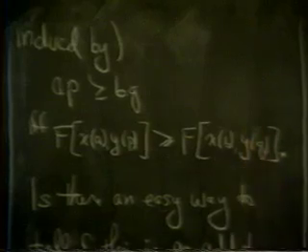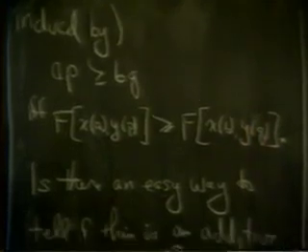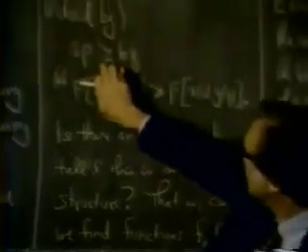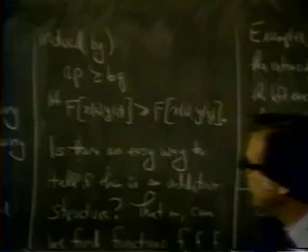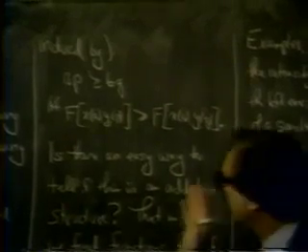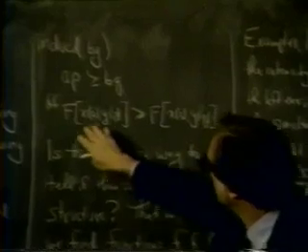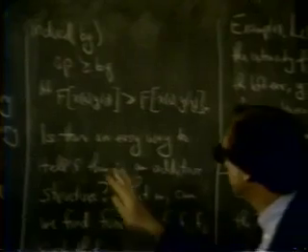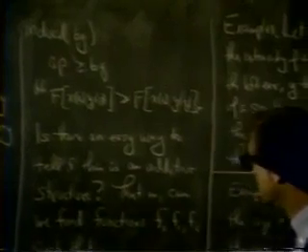Now the question is, is there some easy way of telling whether this is an additive structure? We could, of course, induce that ordering and operate on it using the fundamental theory of conjoint measurement, but the question always arises when you're dealing with these numerical functions, isn't there a simpler way of answering the question whether there's an additive representation?